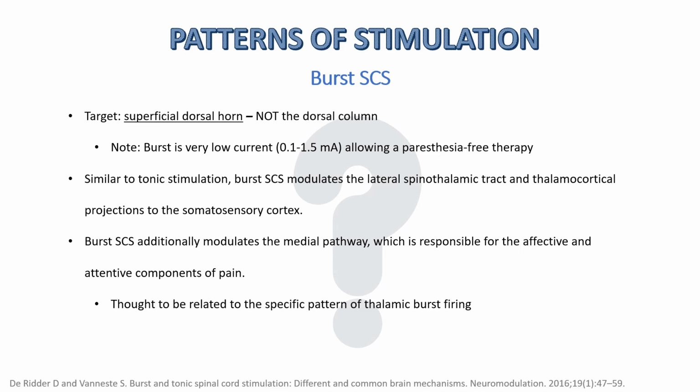Similar to tonic, burst spinal cord stimulation modulates the lateral spinothalamic tract as well as the thalamocortical projections to the somatosensory cortex. Burst additionally modulates the medial pathway, which is responsible for the affective and attentive components of the pain. This is thought to be related to specific patterns of thalamic burst firing.